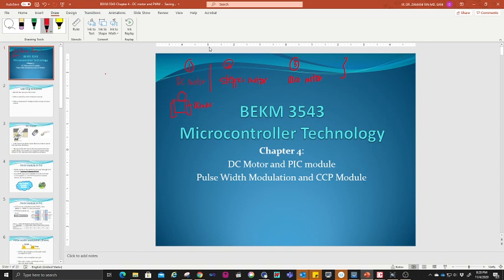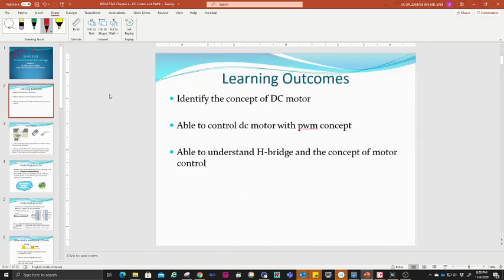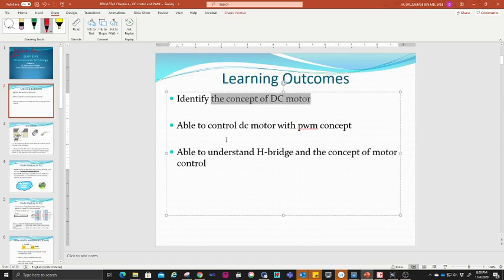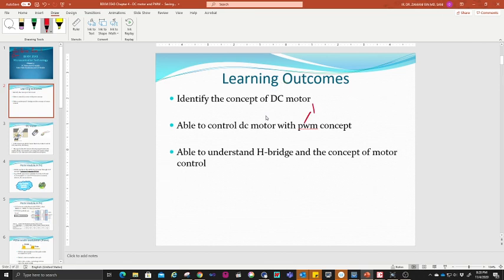Okay, let's start with the DC motor. In this part, what you are going to learn is to identify the concept of the DC motor, and to write DC motor programming with the PWM concept. PWM is pulse width modulation. And another very important thing you are going to learn today is the H bridge, which is another IC, besides the PIC 16F we have learned so far.